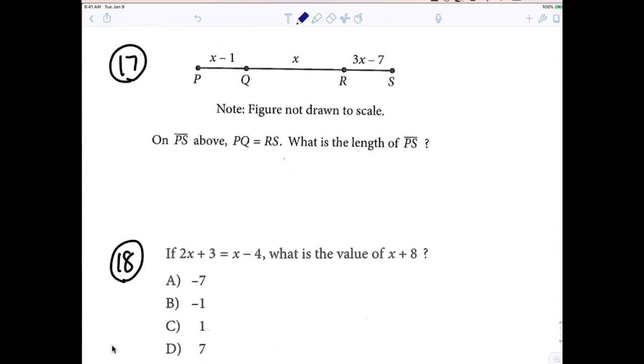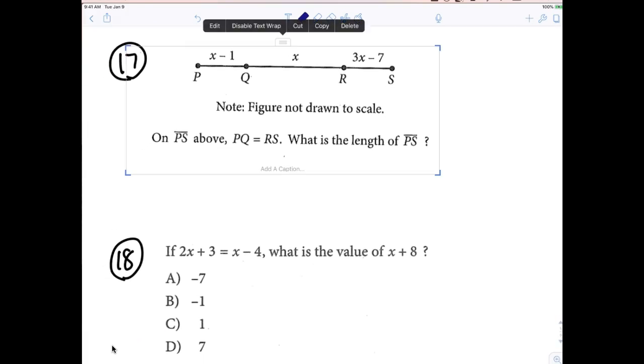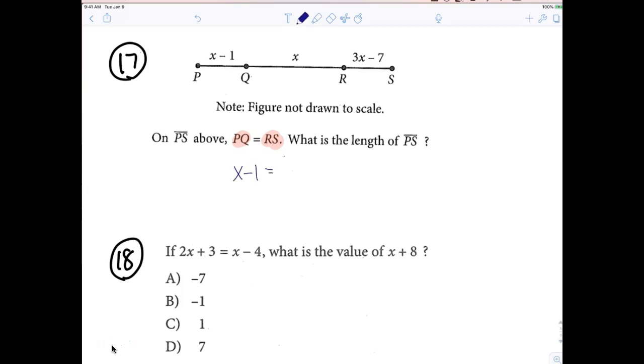17. All right, Miss Pliego, I'm going to let you read this to me. Okay, hold up. Let's talk about it. PQ equals RS. So what is PQ? Very good. x minus 1 equals what?